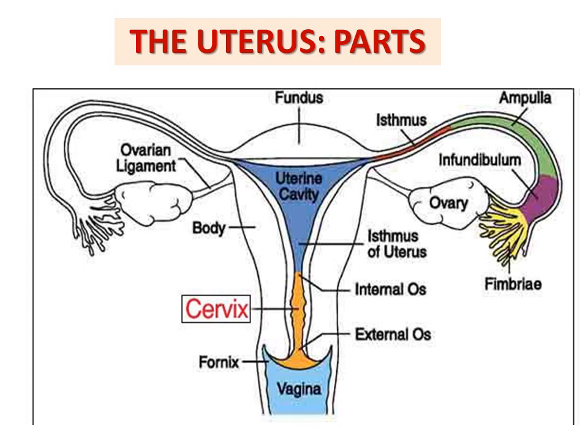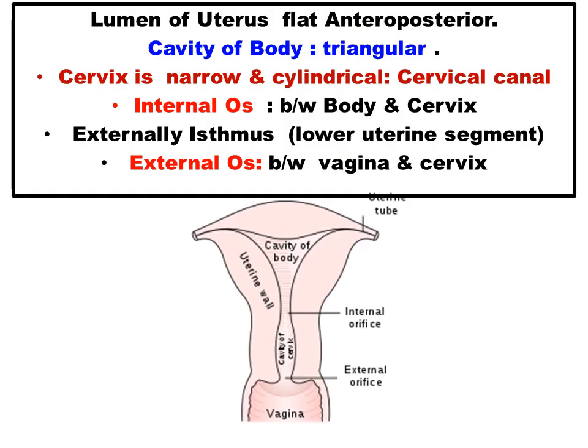Communication between the body and the cervix is the internal os and between the cervix and vagina it is the external os. The lumen of the uterus is flat, anteroposteriorly. It is known as the cavity of the body, triangular in shape.